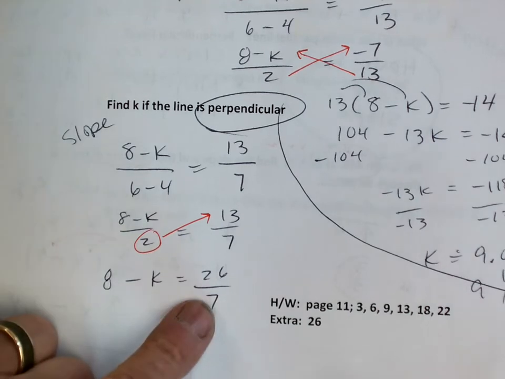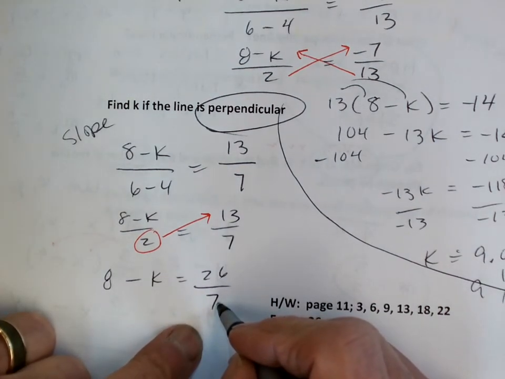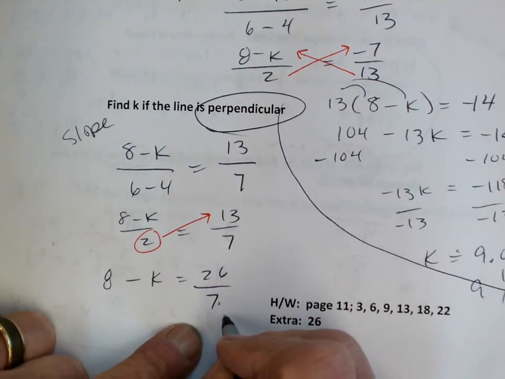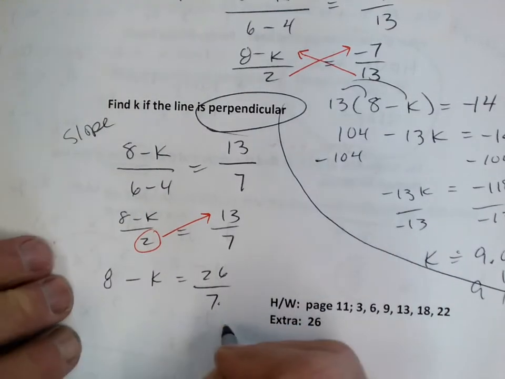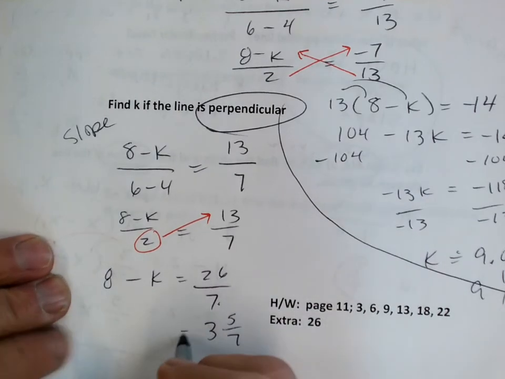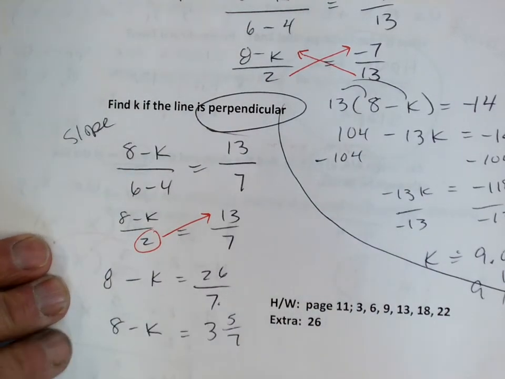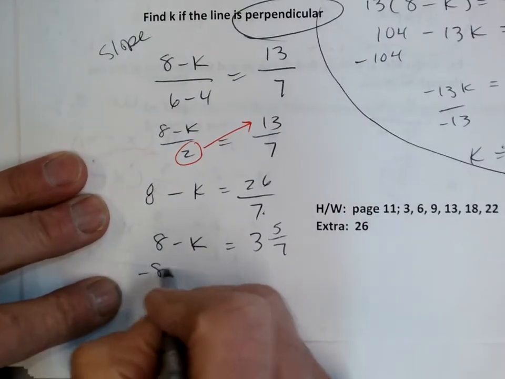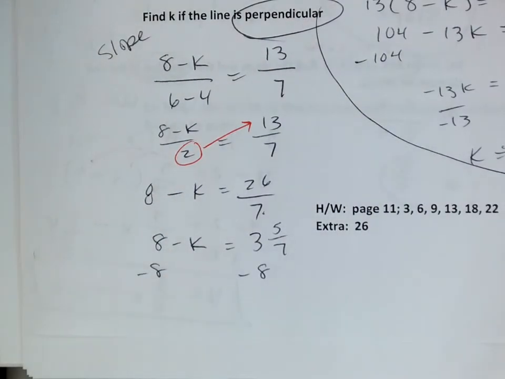Let's see. 21, what is that? 21 and 3 and 5 sevenths, right? Same as 3 and 5 sevenths. 21, yep. 8 minus k, minus 8, minus 8. What is that? A negative 5 and 2 sevenths.